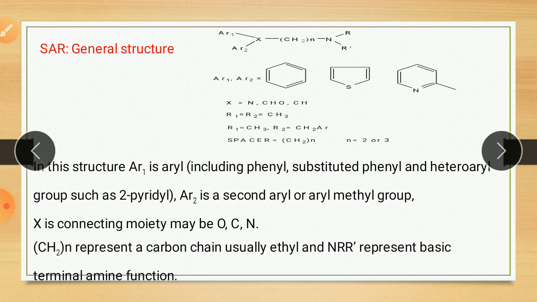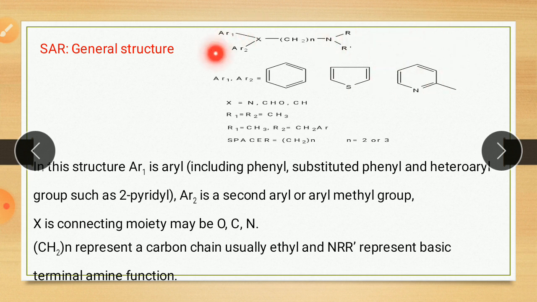In this structure, aromatic 1, the first aromatic ring, is an aryl including phenyl or substituted phenyl, or it may be a heterocyclic group such as pyridine or thiophene ring.